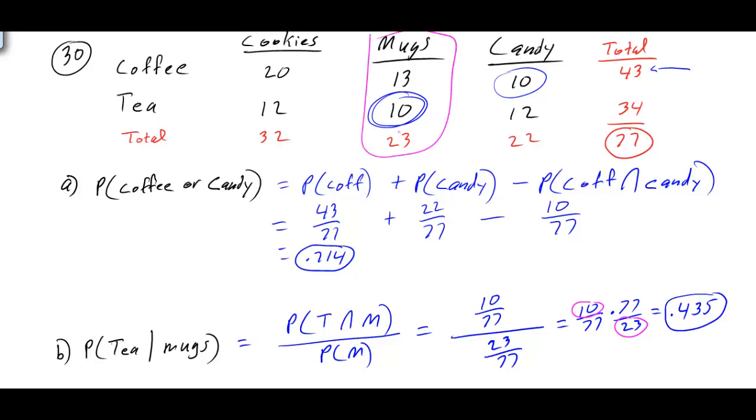And then if we think, okay, there's a total of 23 mugs, then what's the probability of tea knowing that there are mugs? Well, if we're only looking at this column, then that tells us there's 10 out of a total of 23 if we're given that we are selecting mugs, then there's a chance of 10 out of 23 that we would have the probability of tea.